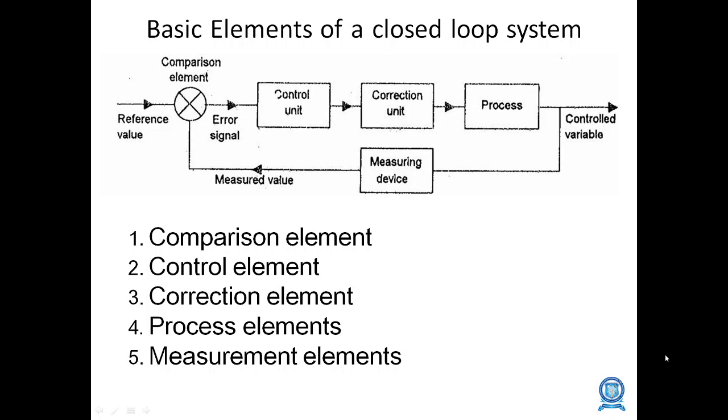The output is processed, and the controlled variable is sent out as output, and a part of the output signal is taken back as the measured value using the measuring device. So it consists of a comparison element, a control element, a correction element, a process element and a measurement element. These are the basic elements in a closed loop system.